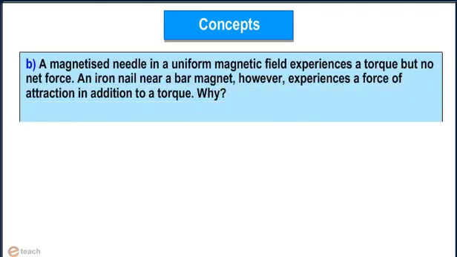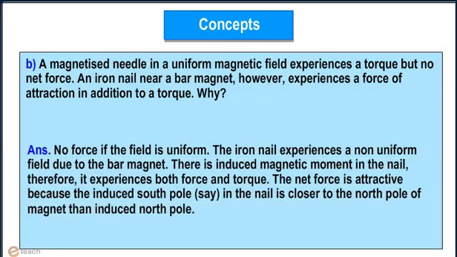B. A magnetized needle in a uniform magnetic field experiences a torque but no net force. An iron nail near a bar magnet, however, experiences a force of attraction in addition to a torque. Explain why. Answer. No force if the field is uniform.